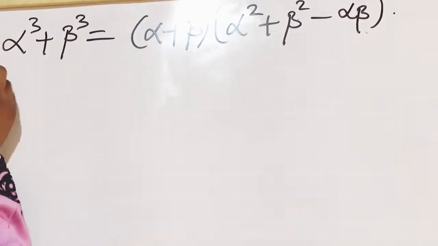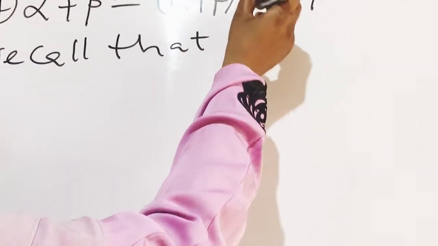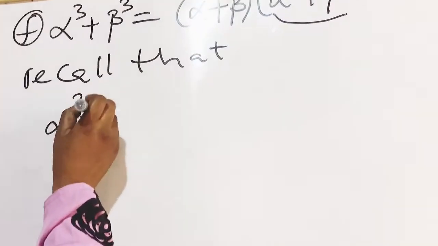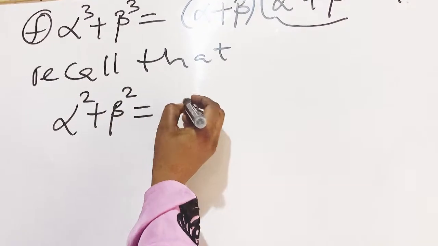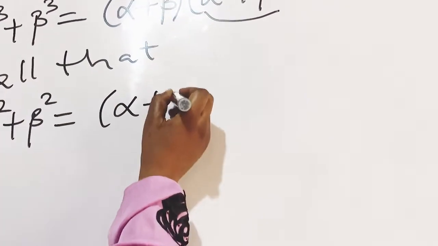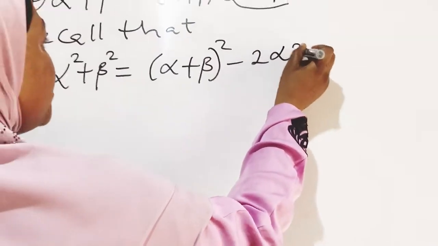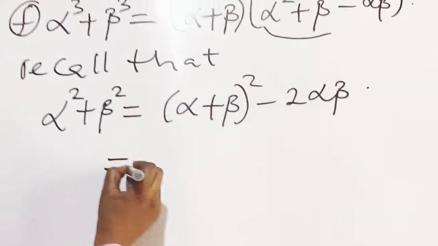Now you have to recall that because we need alpha squared plus beta squared. We have gotten it before. It's the same thing as alpha plus beta squared minus 2 alpha beta. So you need to substitute it back inside that equation.